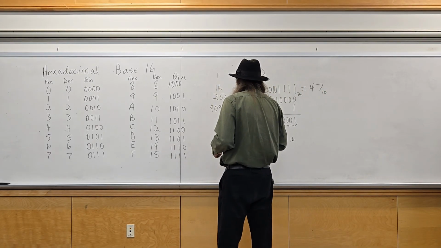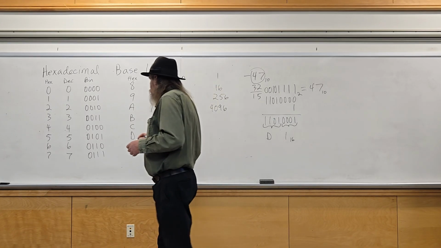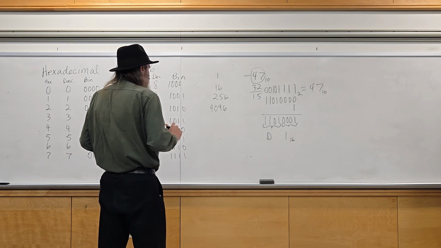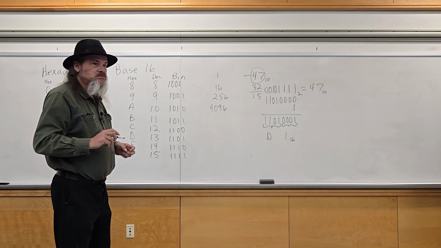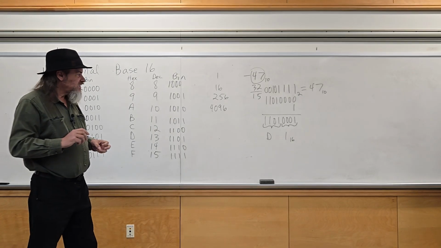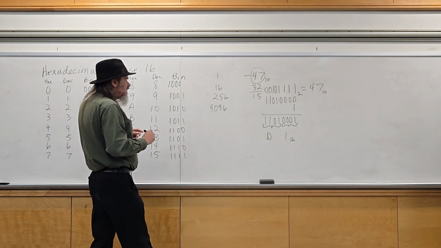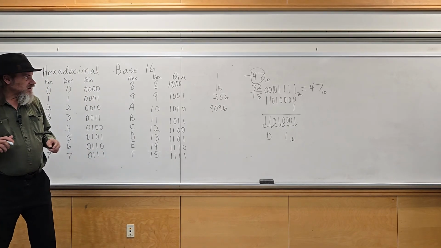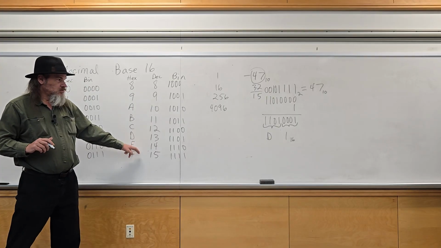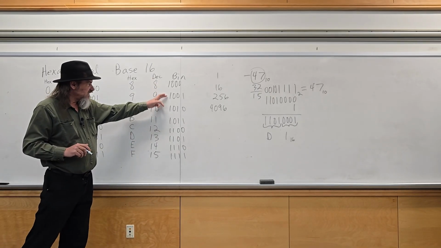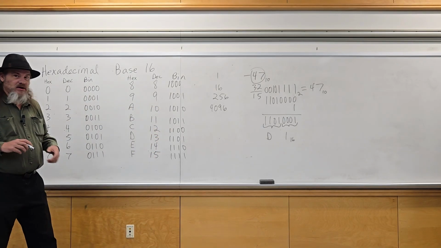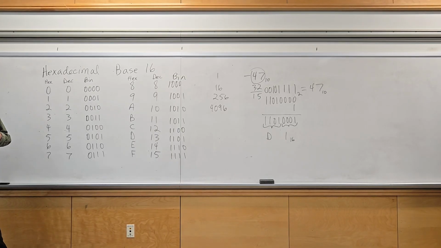As a little indicator of what might be a negative number: if the most significant digit of your hexadecimal number is 8 or greater, then the leading bit is going to be a 1, making it a negative number if it is a signed number.